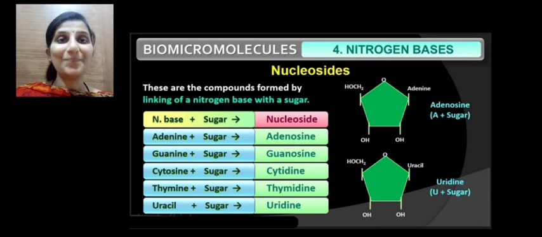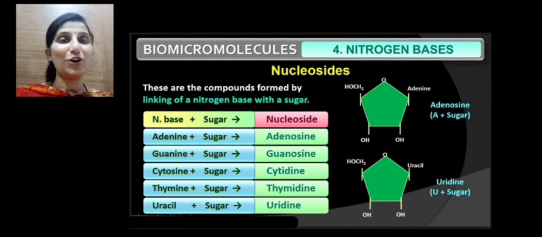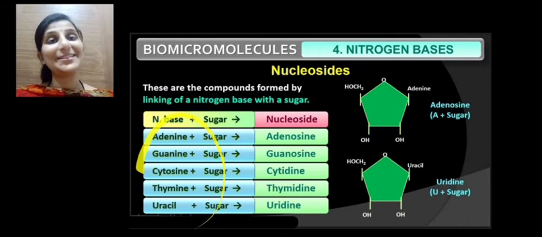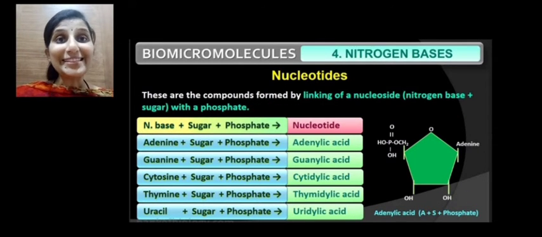So once again, the nitrogen bases are of two types, purines and pyrimidines. When these nitrogen bases are linked to a sugar, it forms a nucleoside. And there are 5 different types of nucleosides formed based on the type of nitrogen base attached to the sugar. The next structure is a nucleotide.